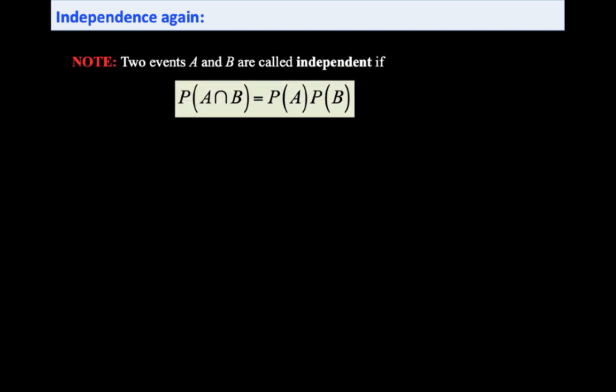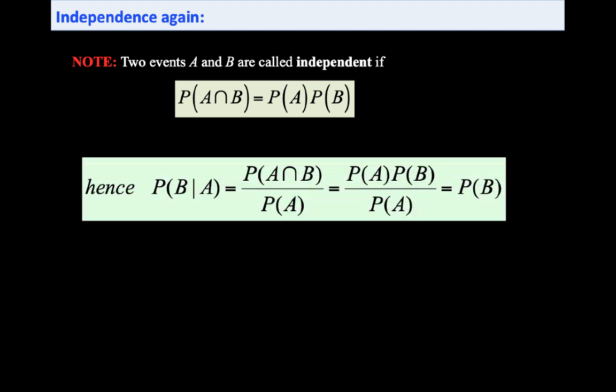So, independence again. Now, we talk about this first. Two events A and B are called independent if the probability of A intersection B equals probability of A times probability of B. So hence we can use the conditional probability of B given A equals probability of A and B divided by probability of A, because again according to this note probability of A intersection B can be written as probability of A times probability of B. Why?